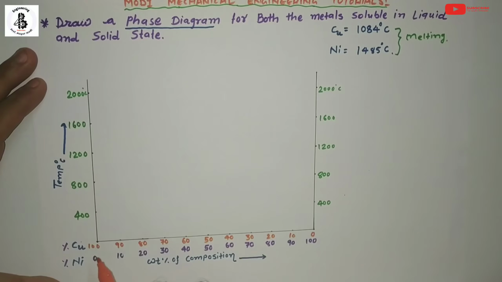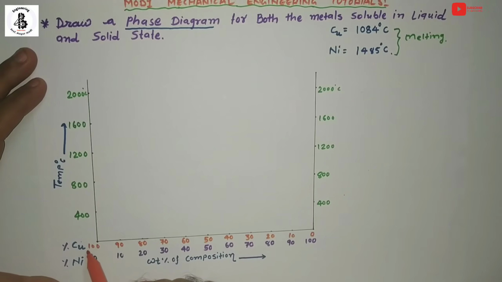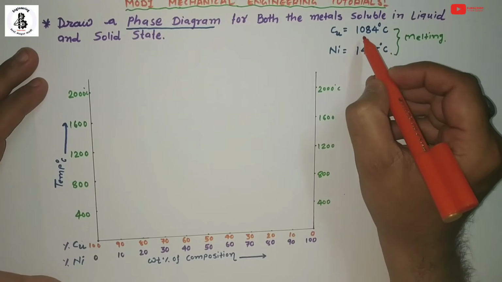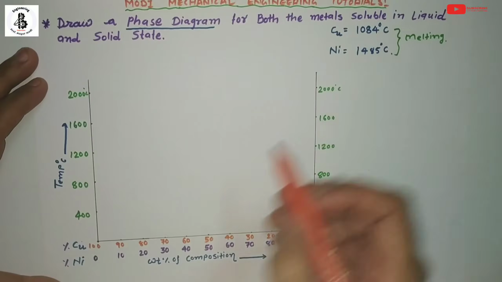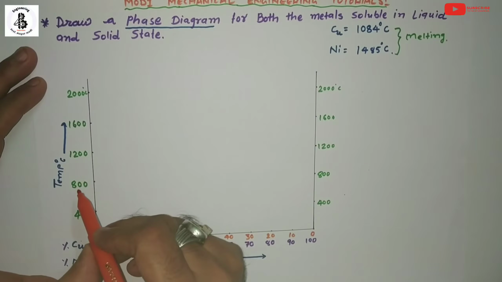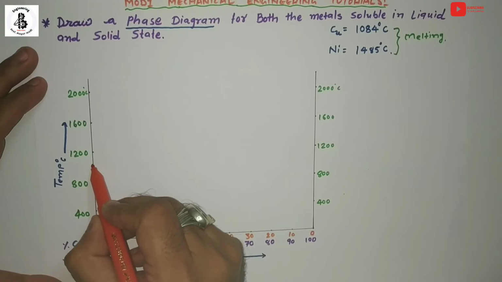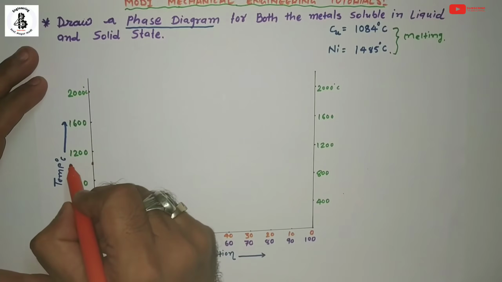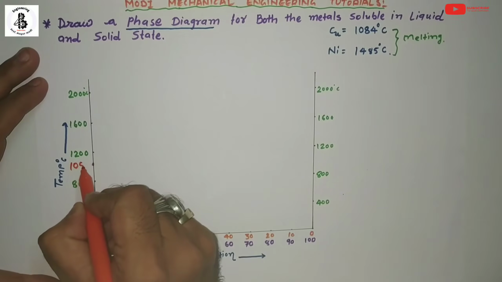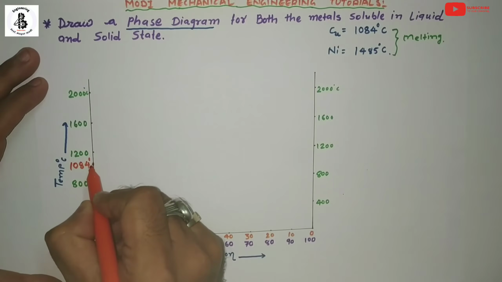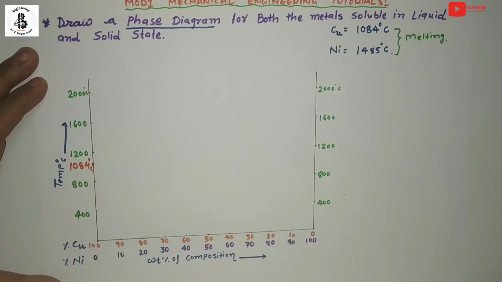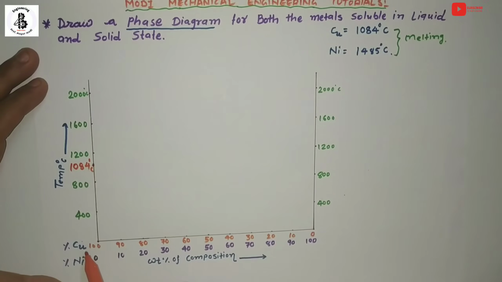So just point out the temperature for the pure metals copper and nickel. For copper that is 1084, which is in between 800 and 1200, around this point. That indicates 1084 degree centigrade, the melting point of copper.